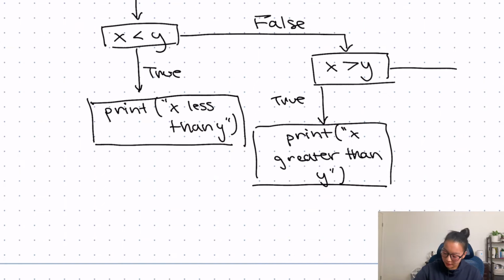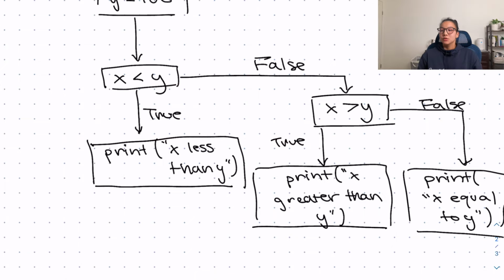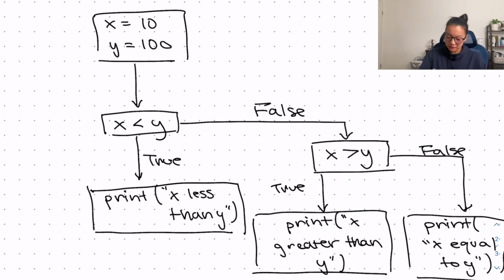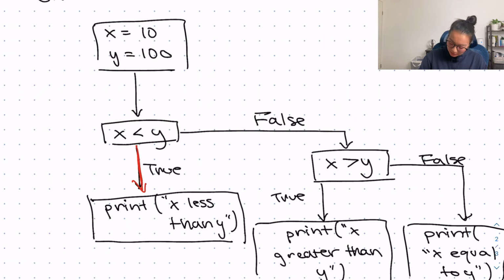And then if that is in fact false, then at the very end, I'm going to print x equal to y. Okay, so what this is doing, this is essentially creating 3 different branches that we can take.